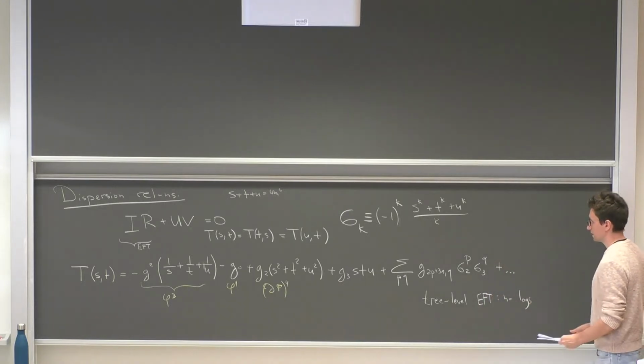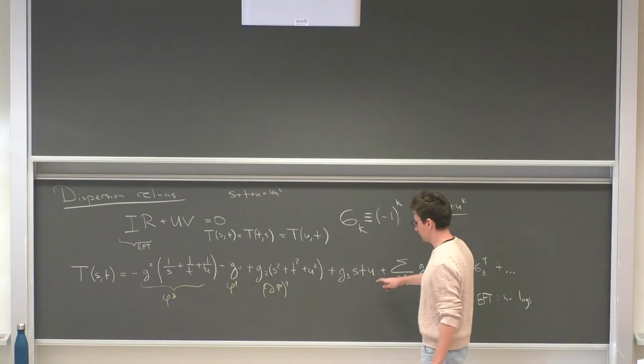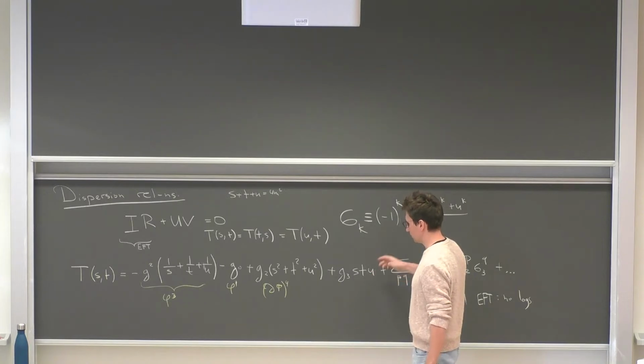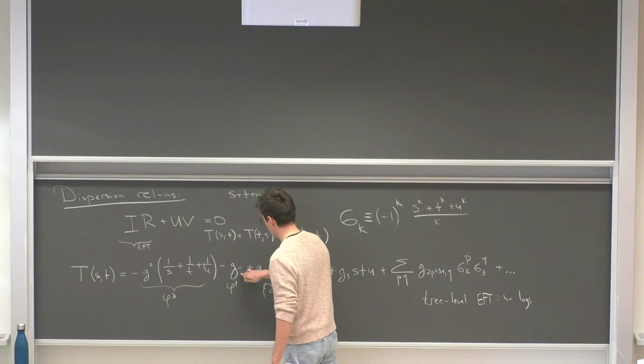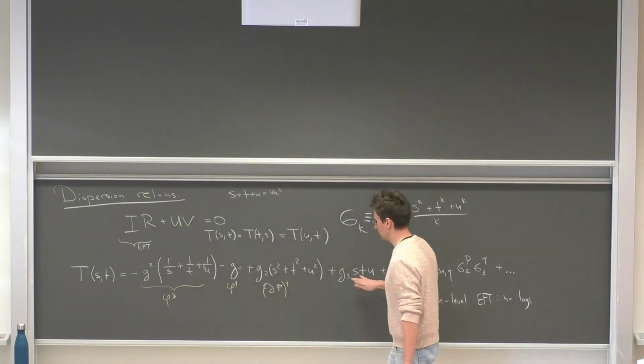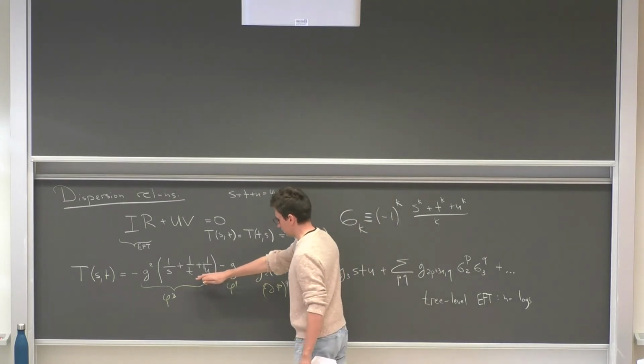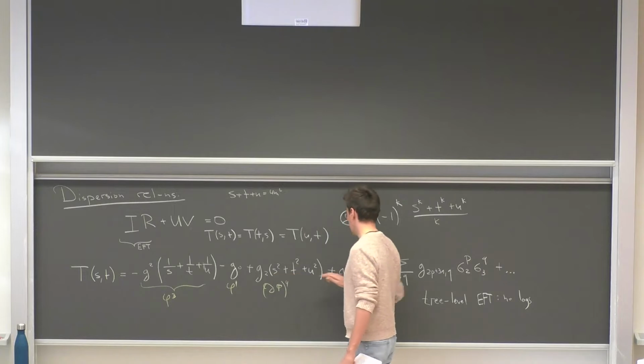Again, we are expanding for small s, t and u. They are, of course, dimensional parameters, so these couplings have different dimensions, but you see I arrange them as 1 over s, constant, square, cube, etc.